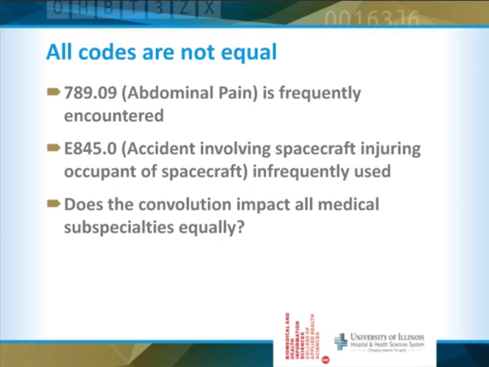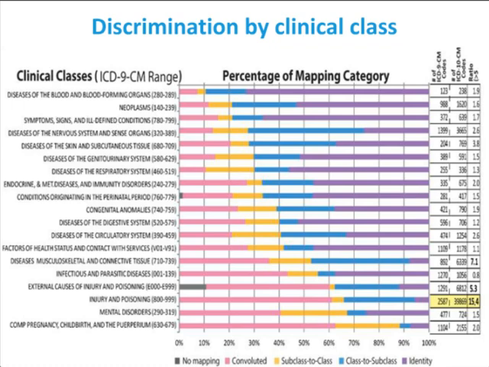So, what is the overall impact on the subspecialties? ICD-10 has clinical classes or families. And so what we did was we took each individual ICD-9 code within the different ranges and looked to see if it was convoluted, subclass to class, class to subclass, or identity.